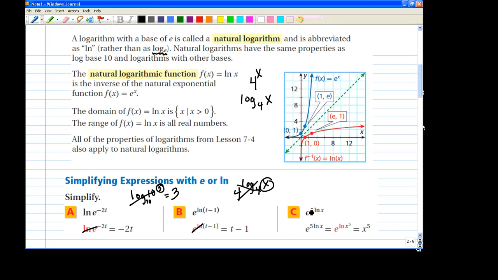And finally, we have e to the power of 5 times ln of x. Before we can just cancel things out of the equation, we should make sure there's nothing in front of the log. So this 5 right here, we'll need to move back as the exponent for the x. So e to the ln of x to the 5th, e and ln cancel, leaving x to the 5th.